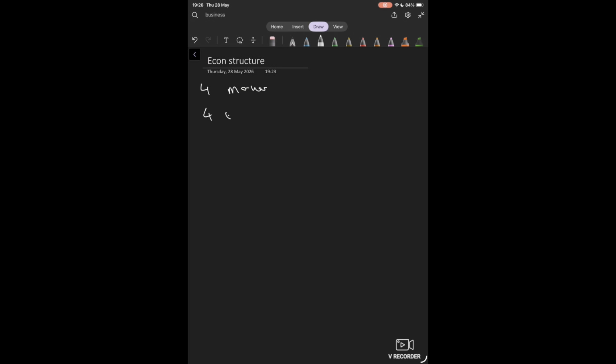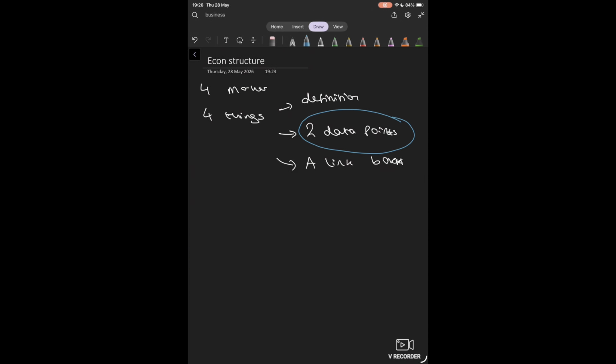A 4 marker requires really just 4 things. You want a definition. You want 2 data points. And you want a link back. So, this is what I'm really going to zone in on now.